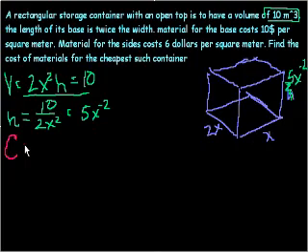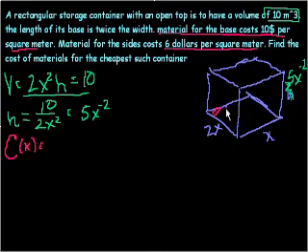The cost of the material, and I could even say as a function of x, is equal to what? Okay. Material for the sides costs $6 per square meter. So what is the surface area of the sides? Oh, no, they tell us the material for the base first. So material for the base costs $10 per square meter.